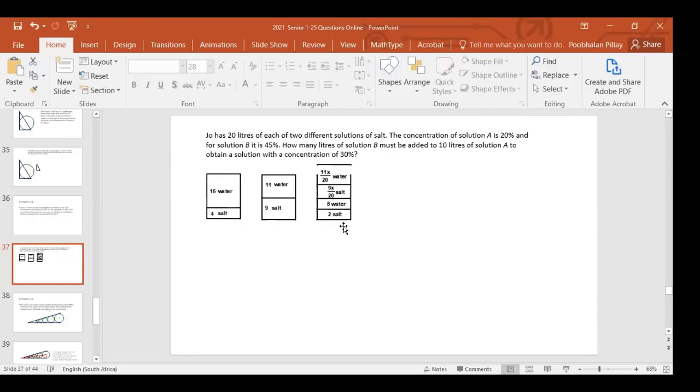That's what you had, 10 liters of solution A. Now you're adding some part of this, right? But you are taking X liters of this. So if you take X liters and mix it up properly, 20 liters contain 9 of salt. So 1 liter will contain 9 over 20th of salt, and X liters will be 9X over 20.